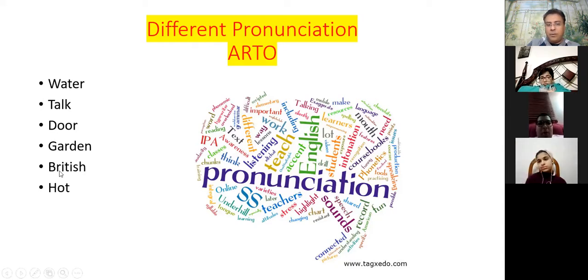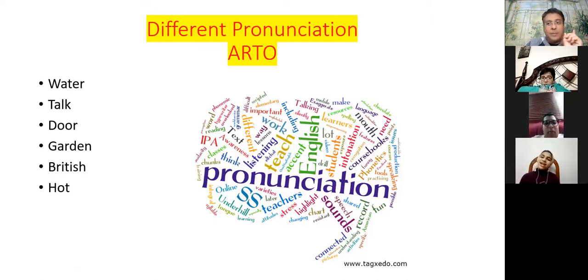We have R, then I, and I is a vowel, so I pronounce R. But in garden, we have R, then D. D is a consonant, not a vowel. So I don't pronounce R here, and I say garden.